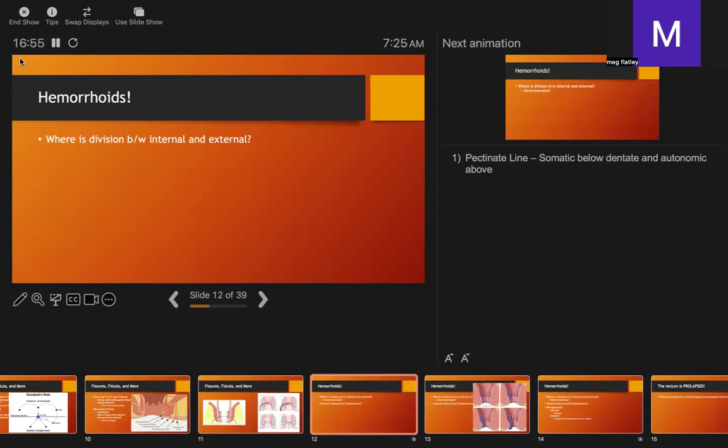Do not try to band someone's external hemorrhoid. They will hate you. So what's the nerve innervation of internal hemorrhoids? Yeah, it's autonomic. You don't necessarily have pain receptors up there. So what is it below that line? Yeah, it's somatic, right? So you have those pain receptors, so you don't want to band those people. That's an important division.